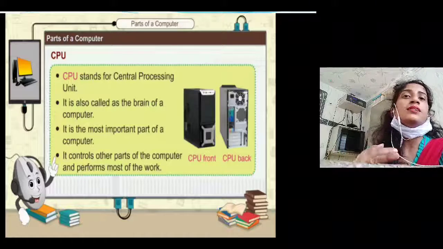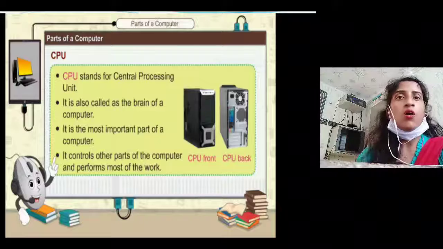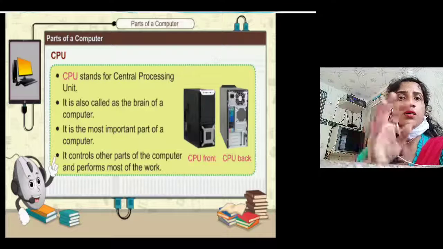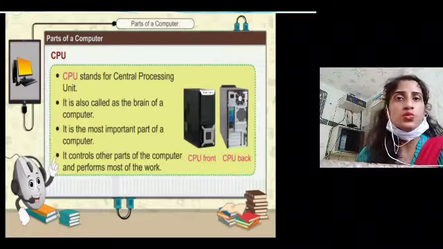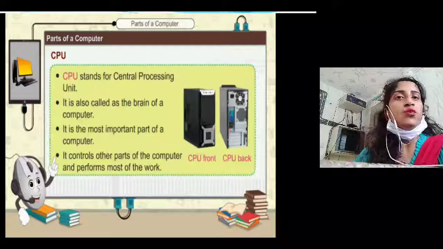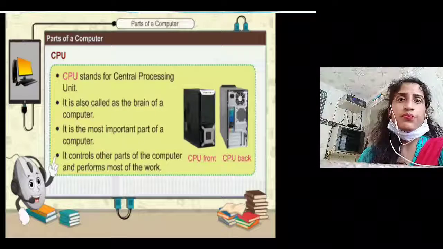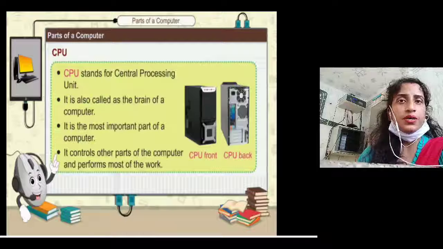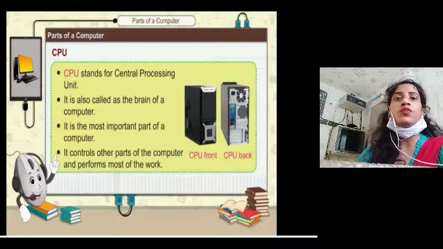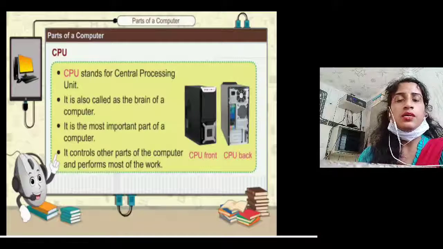Because all the work which is done by you, the user, is handled by the CPU. It is the most important part of a computer. It controls other parts of the computer and performs most of the work. So this is all about the CPU.